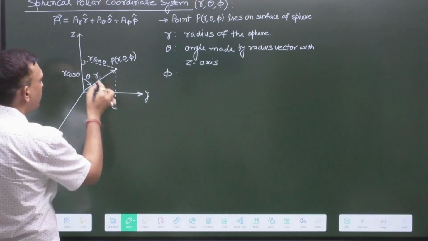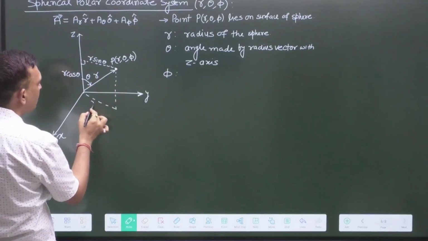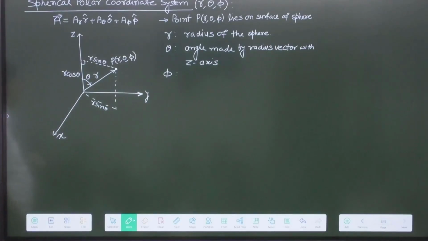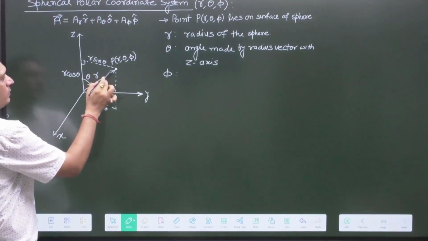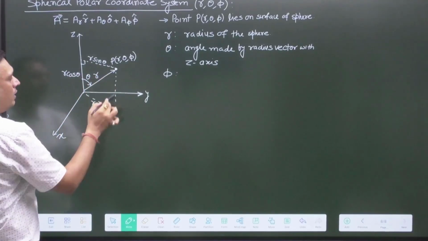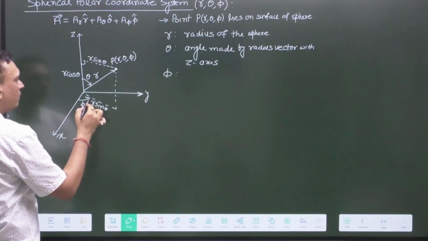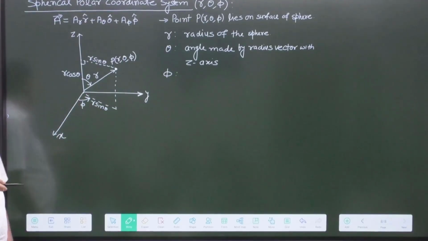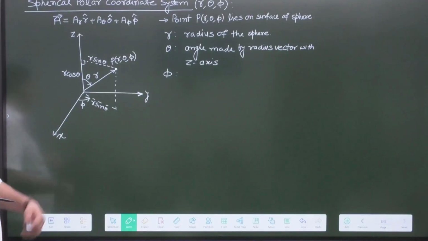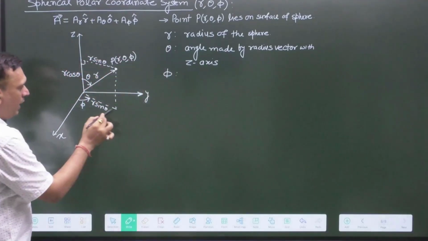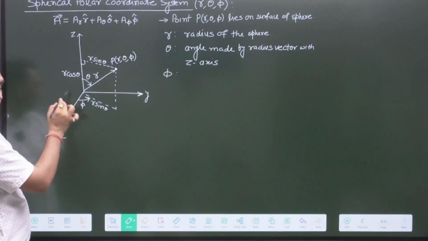This line is parallel to the z-axis and this line is parallel to r sin theta. Now you will get this plane. This plane makes an angle phi with the x-axis. And this arrow shows the positive direction of phi. And this plane contains r cos theta and r sin theta.